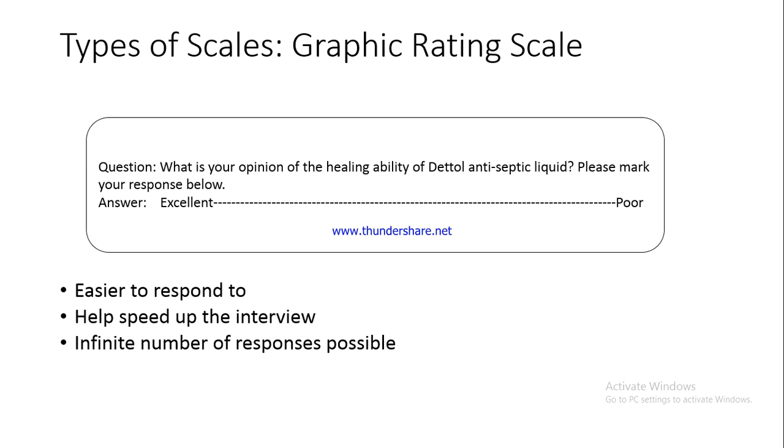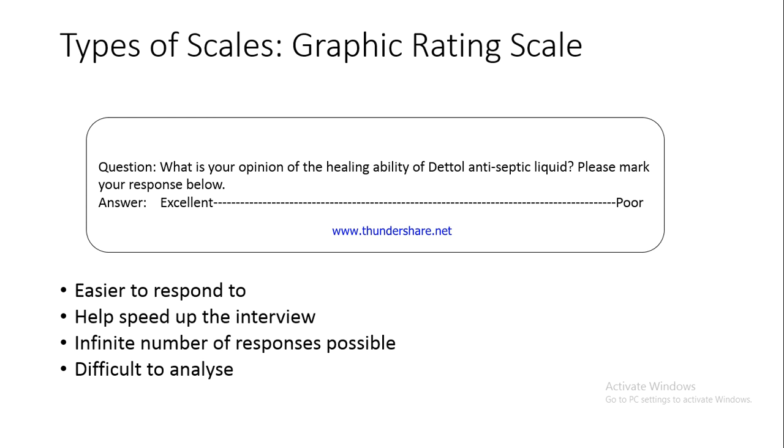So this in a way is an advantage also, but then it would create slightly different kind of problems. It will be difficult for the researcher to analyze the respondent's responses. Why?